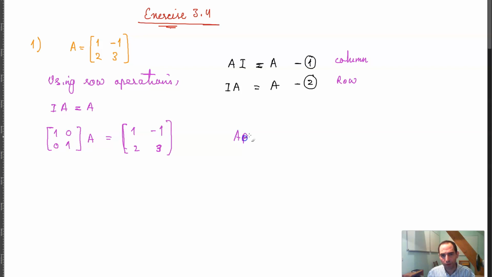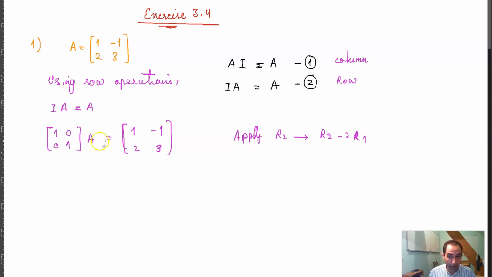I'm going to apply R2 becomes R2 minus 2 times R1, for example. Meaning that I'm going to take row 2 and subtract from that 2 times R1.